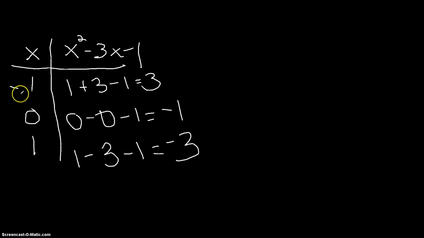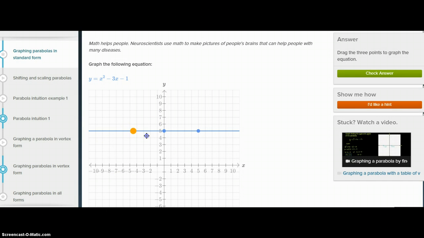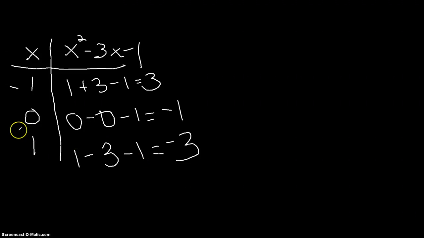Alright, so when x equals negative 1, y equals 3. And when x is 0, y is negative 1.